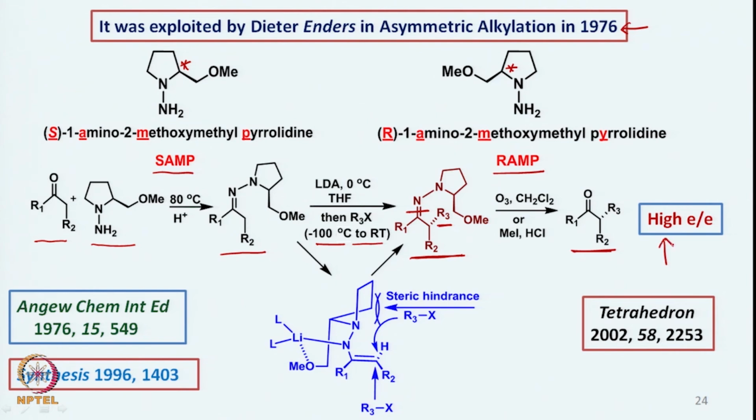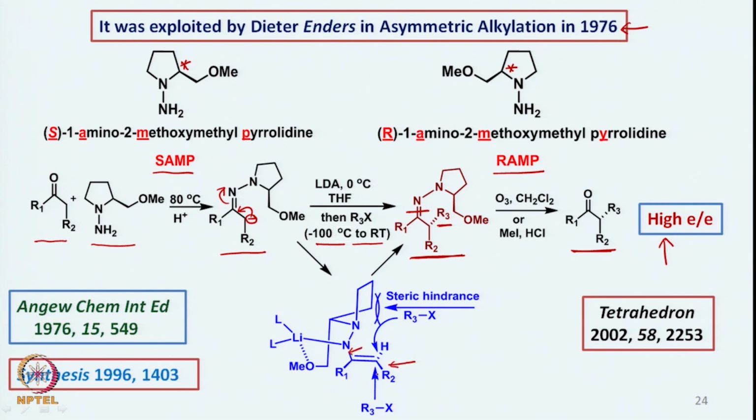Now how this reaction occurs you can see from here. You do the deprotonation, and the deprotonation leads to an enamine of this kind, and we are looking at the thermodynamically stable trans enamine where these two groups are trans to each other.